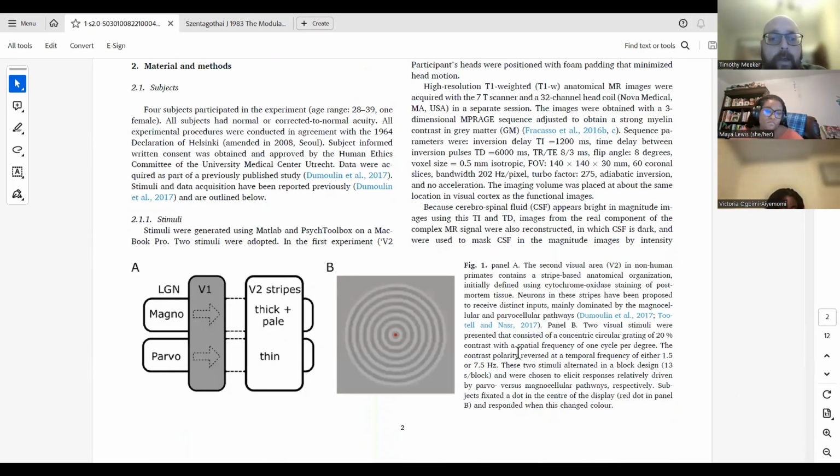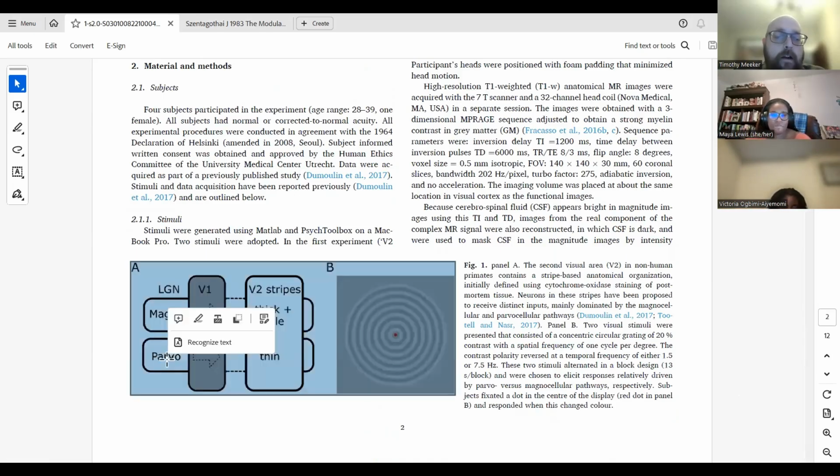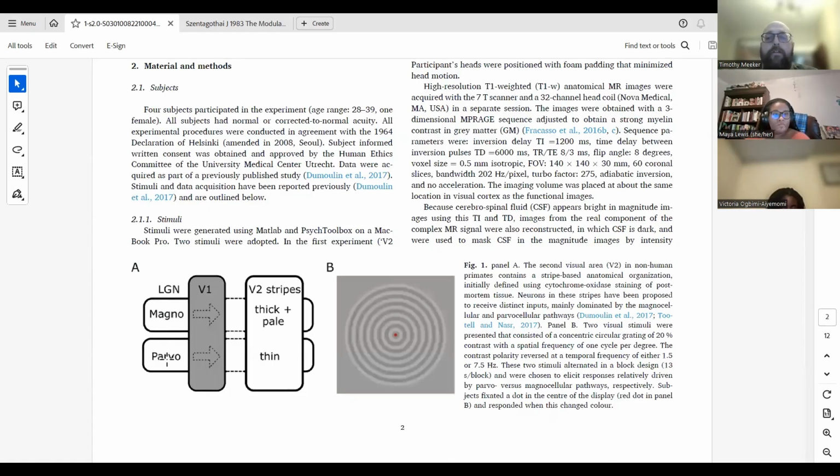So in V2, you have these pale and thin stripes, so you have magnocellular LGN projecting to thin pale areas in V2, these vertical stripes. And then the parvocellular area, the lateral geniculate nuclei in the thalamus, which is where, so the LGN is where visual stimuli arrive after the optic nerve.